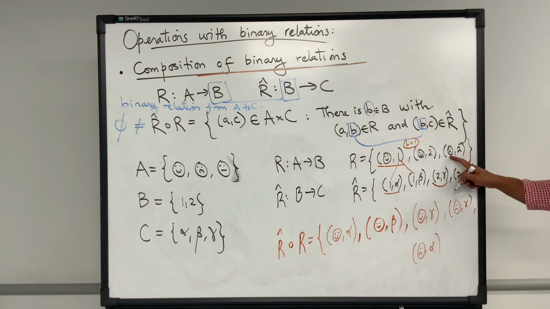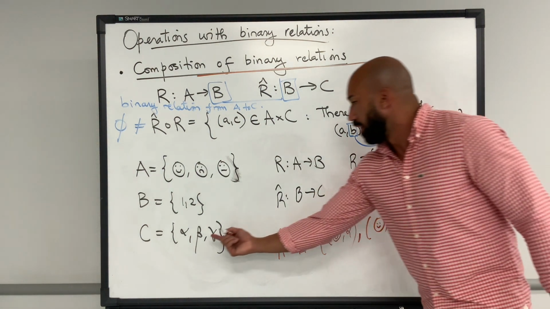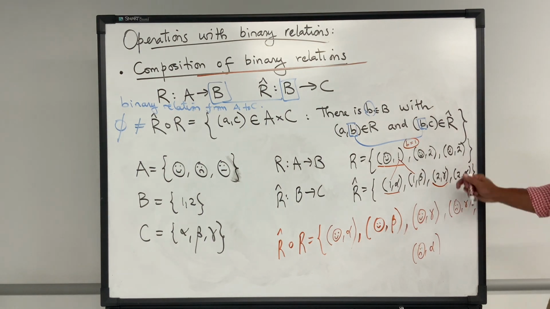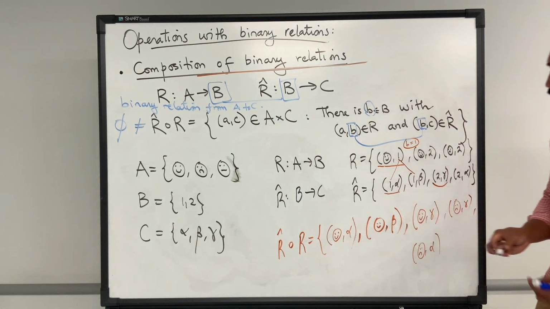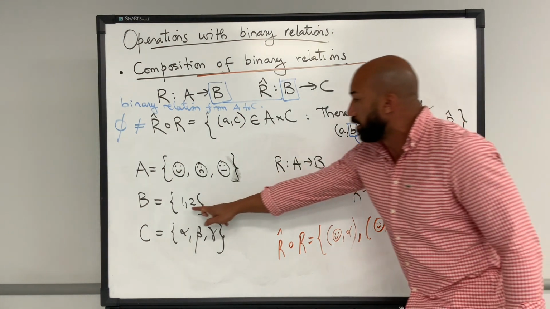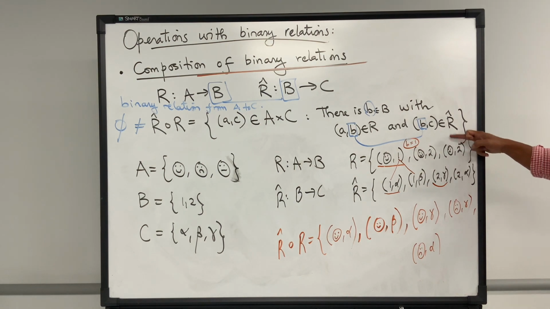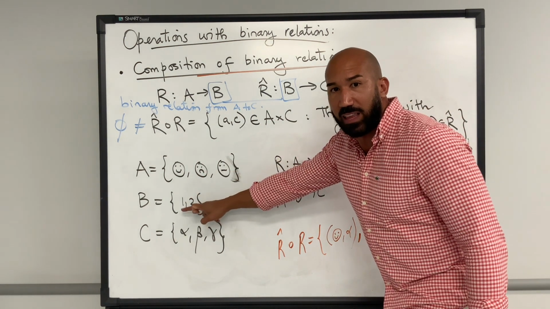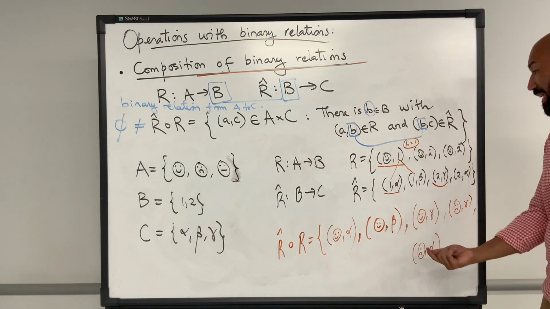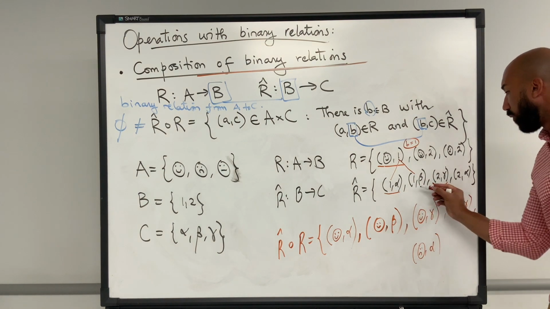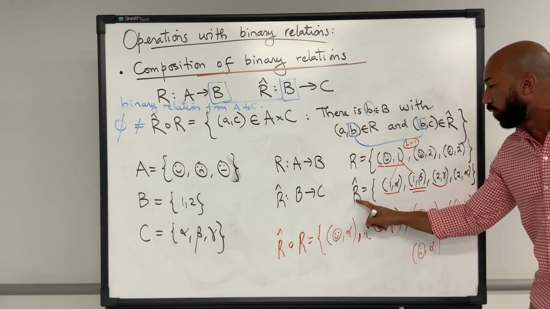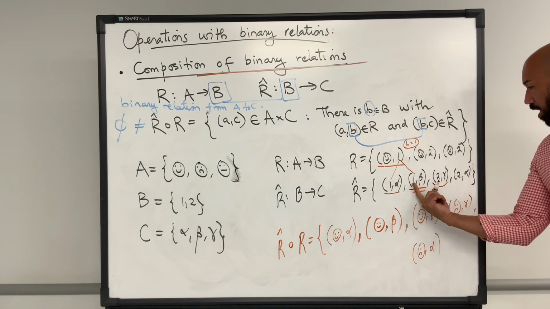But is sad face related to beta? No, because for sad face to be related to beta, according to the composite relation, we need to find someone in B such that sad face is related to that element and that element is related to beta. But the only element related to beta, according to the relation R hat, is 1.